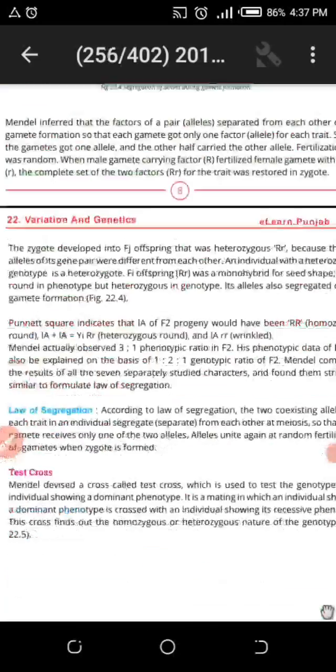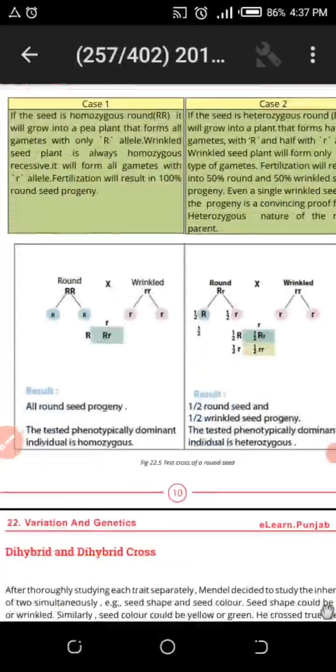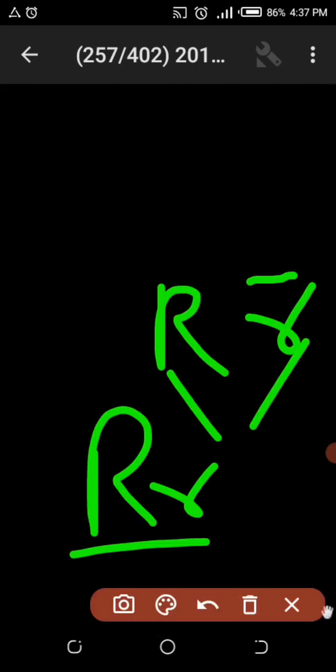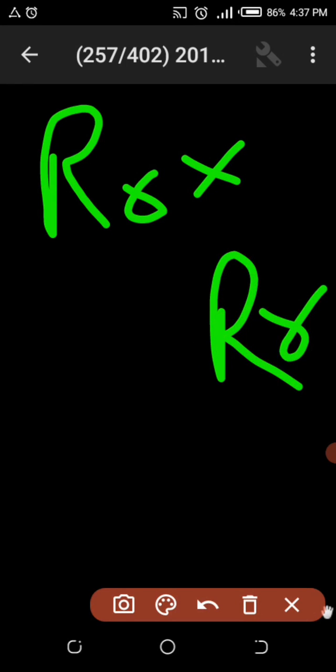Monohybrid was self-crossed to form the F2 generation, capital R, small r multiplied by capital R, small r. I am forming the F2 generation.